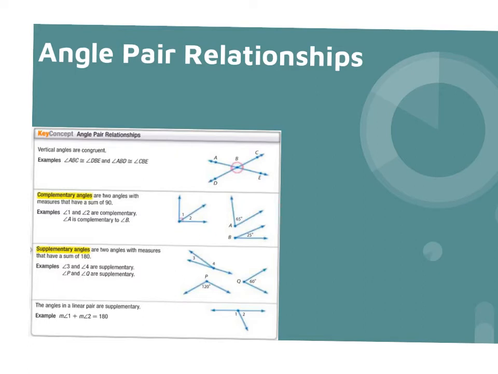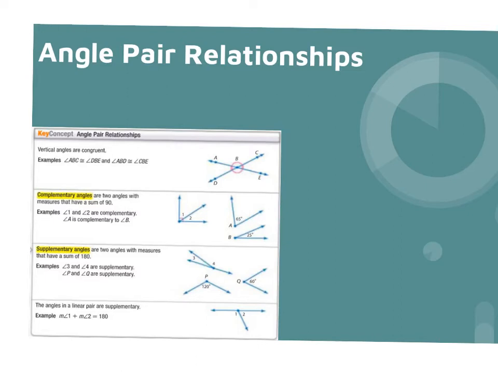So both angles 1 and 2 and A and B are complementary. Also, we should note, vertical angles are congruent. So angles ABC and DBE are congruent, meaning they have the same value.